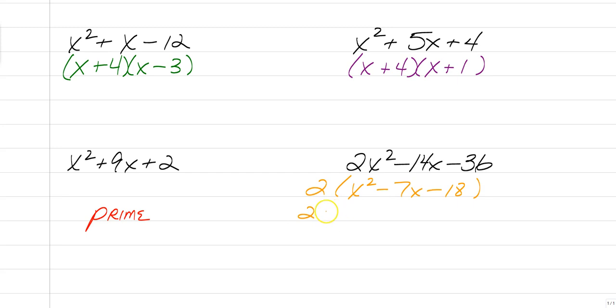We're just going to leave the 2 out here. But what you're going to do is ask yourself what two numbers will multiply to a negative 18 but add up to a negative 7. And that would be a negative 9 and a positive 2. So negative 9 times 2 is a negative 18, but a negative 9 plus 2 is a negative 7. So if you got that one all on your own, good job. That was a step up.